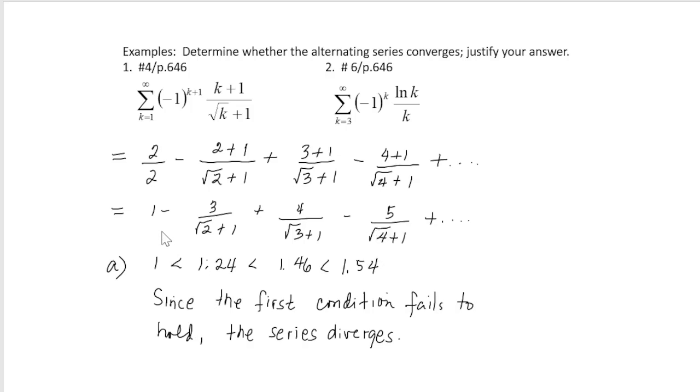Then using a calculator, we can observe that the first term is 1, the second term is 1.24, the third is 1.46, and the fourth term is 1.54. But if you can recall, the alternating series is said to be convergent if the terms of the series are decreasing and the limit of a sub k approaches 0.